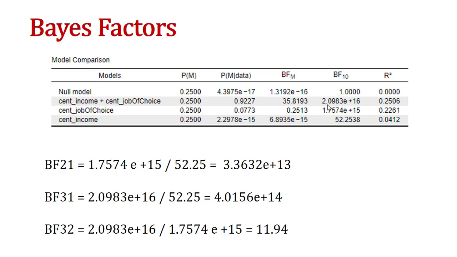So if we want to know whether income affects psychological well-being, we look at these Bayes factors. So 52, there is strong, very strong evidence that income affects psychological well-being.